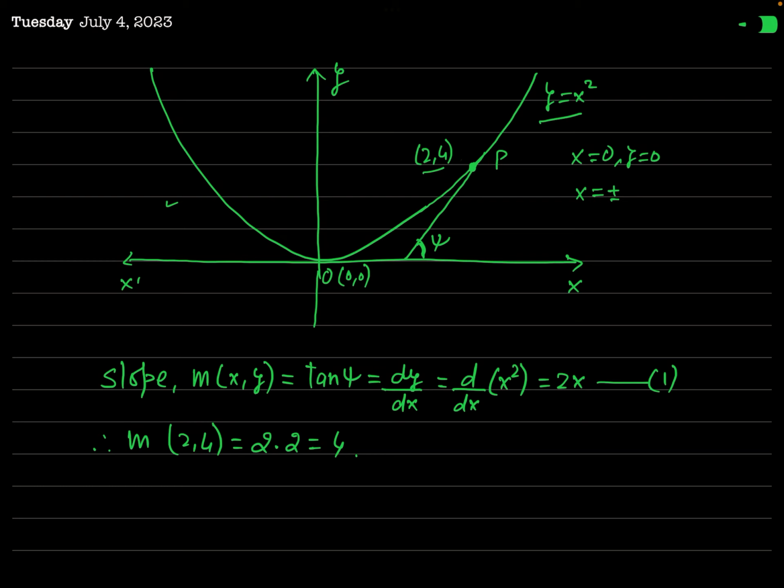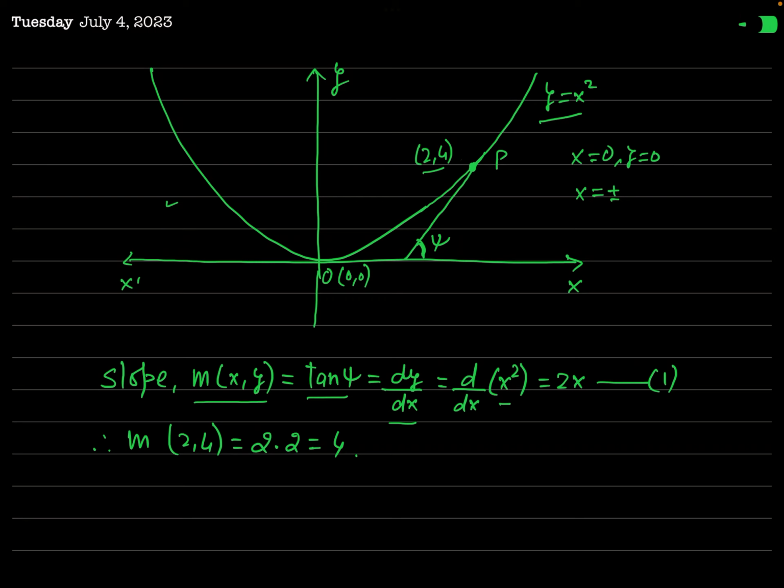Then you know that psi is the inclination of this tangent, and the slope will be tan psi. In mathematics, we denote the slope by the symbol m. So the slope at the point (x, y), which I denote by m of (x, y), is equal to tan psi. But you have learnt that this tan psi is equal to simply dy by dx.